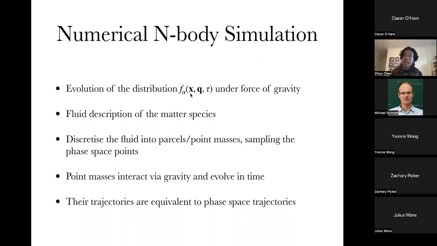That is philosophically what the n-body simulation is doing: this phase-space sampling and discretization scheme allows you to describe a fluid without having to sample actual individual physical particles.